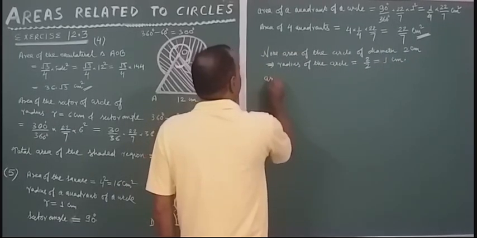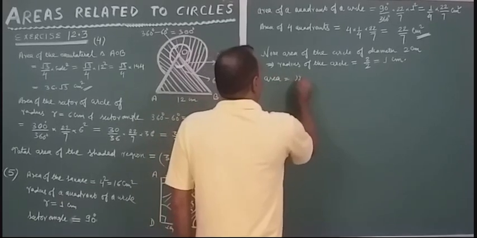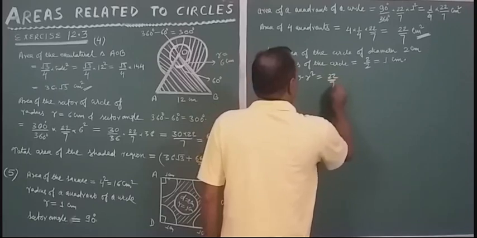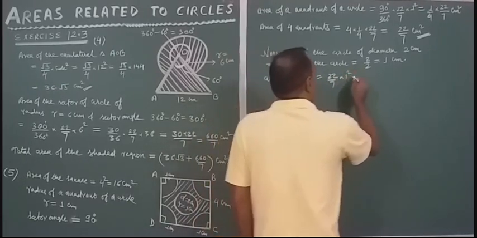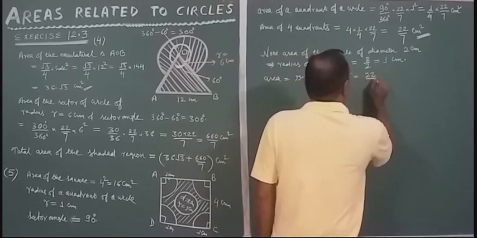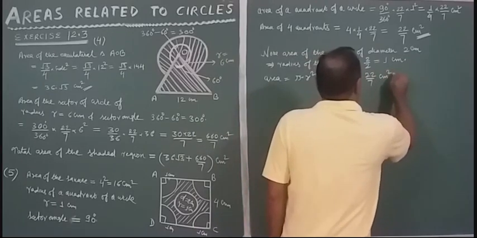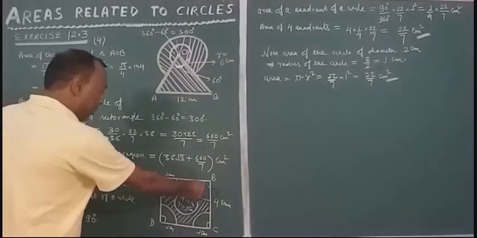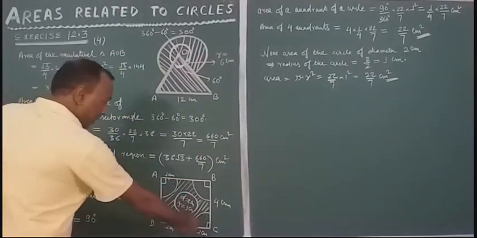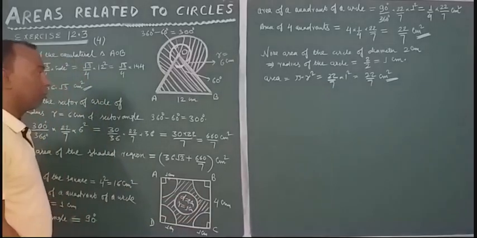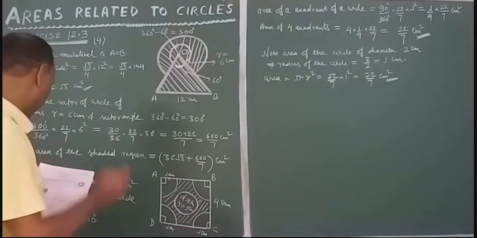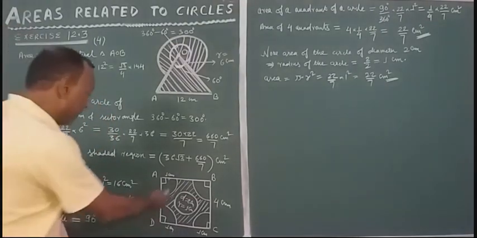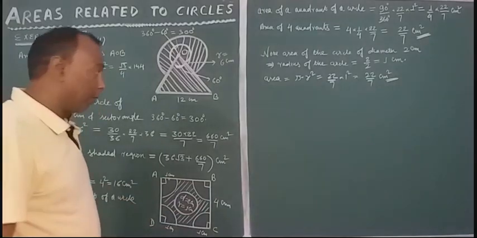The area, pi into r square. Pi is 22/7 into 1 square. Again it is 22/7 centimeter square. Area of these 4 quadrants is 22/7 and area of this circle is also 22/7. You have to find the area of shaded portion, shaded region. So this is the shaded region, which is taken out, which is removed.